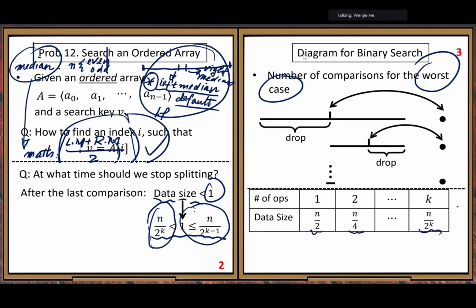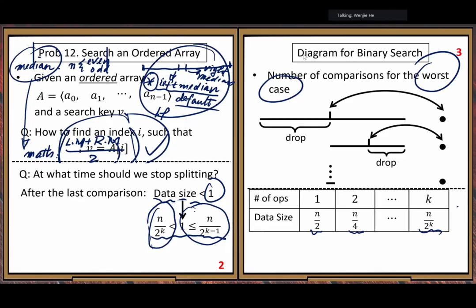That means you may need to do one more split, because a data size greater or equal to 1 may cover 2 elements. There is a possibility that the length of that line segment can cover 2 elements.